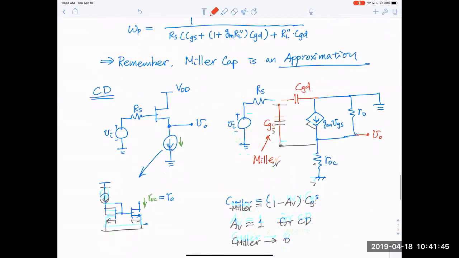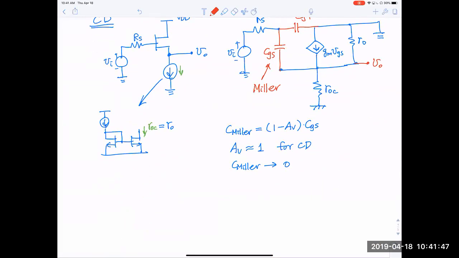What about CD? If we use the same analogy, this seesaw literally doesn't move, for unity gain. VI is here, VO is here. The whole thing goes up and down together. VI goes up, VO goes up. VI goes down, VO goes down. So if you are trying to charge this capacitor, literally, you don't need to charge it.